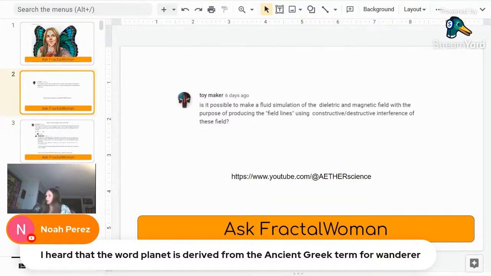At least we think so. But from our perspective, the planets look like they wander around. They go forward and then they go backward, and they don't behave like all the other dots in the sky. And so I think that's why they came up with the term that the planets were the wanderers. So yeah, that's an interesting comment.